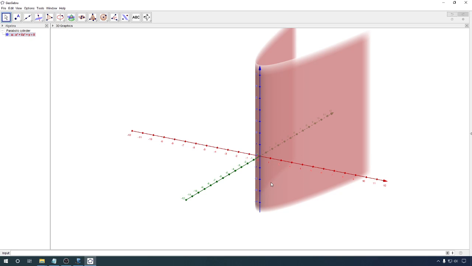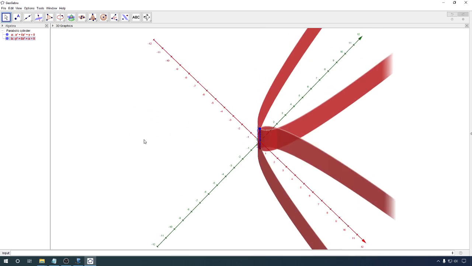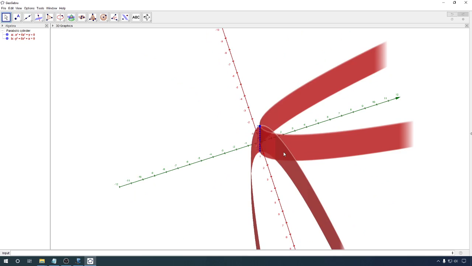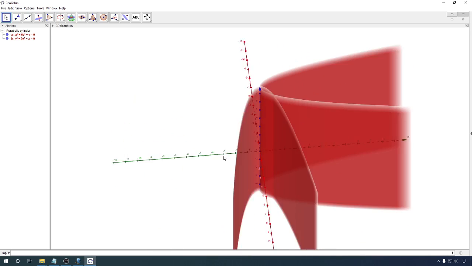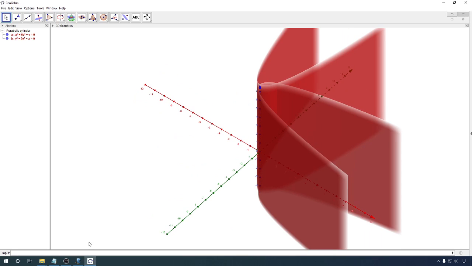So y equals x squared turns into this parabolic cylinder. X equals y squared does the same. We actually have two cylinders here, and the part that's contained between them is in this little sliver here. Everything that's not between them is in some unbounded region out there.